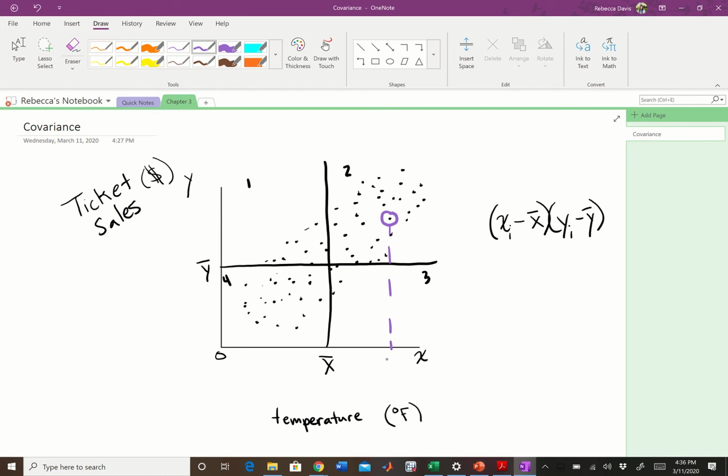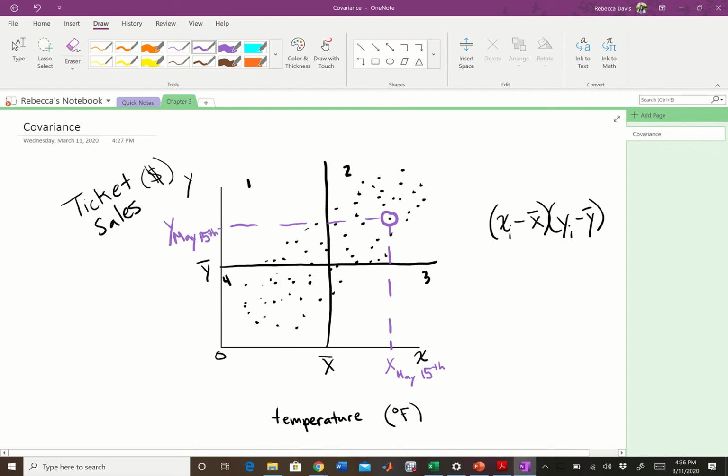So for us, this is the temperature on May 15th. And the ticket sales for that game, if we dash on over to the y-axis, are here. This is y sub May 15th.